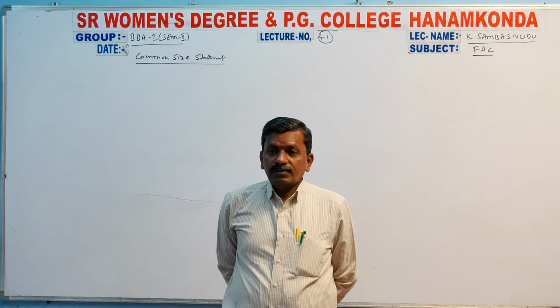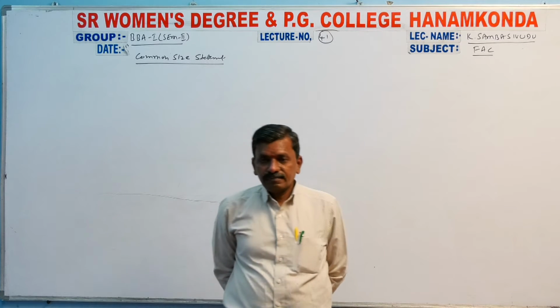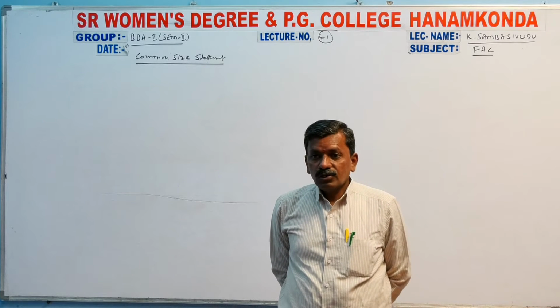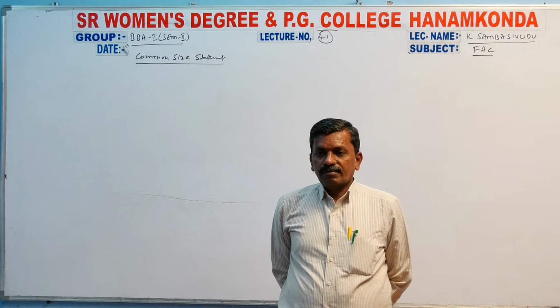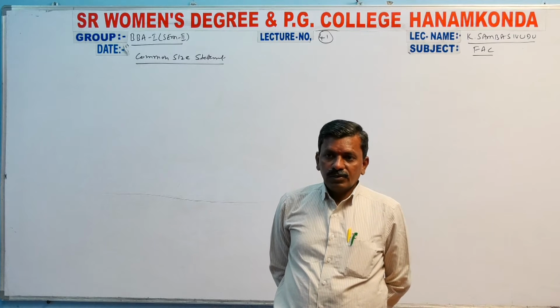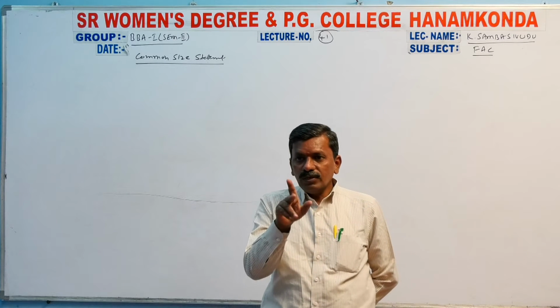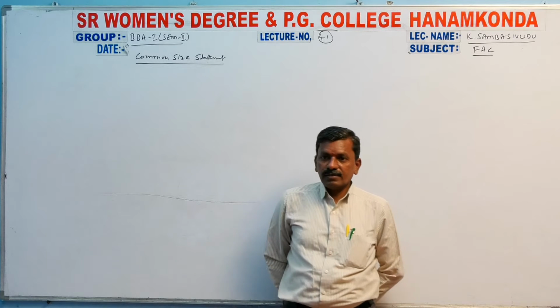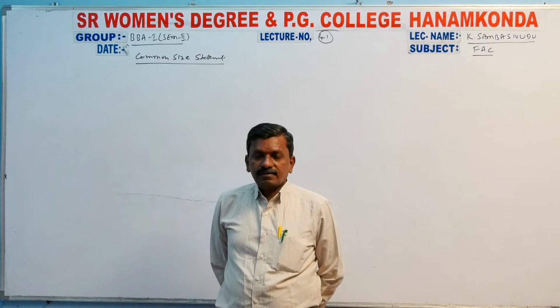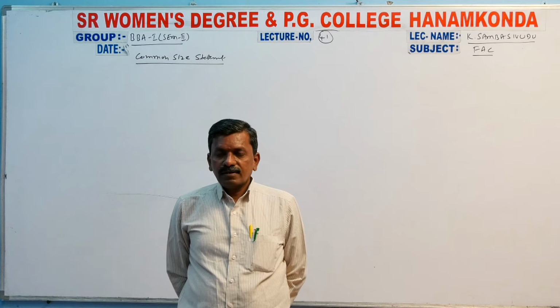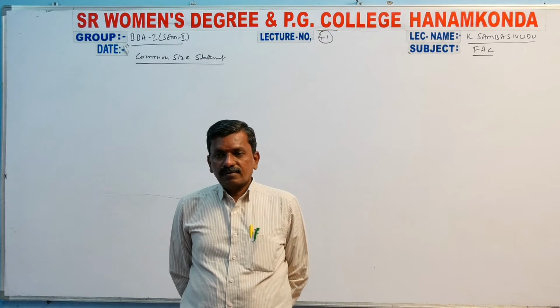So what is the difference between comparative and common? In a comparative statement, compulsorily we take 2 years. From the first year to the second year, what are the changes? The difference between the 2 years is compulsory in a comparative statement. But in common size, there is no need for 2 years. In 1 year, one common figure.